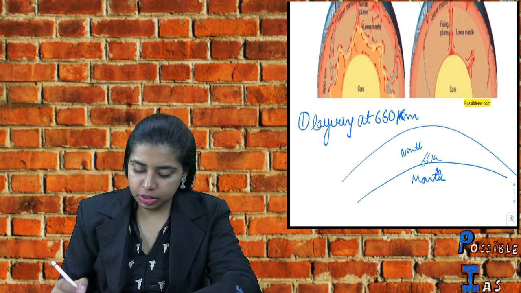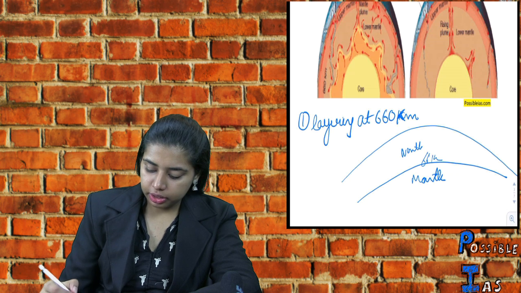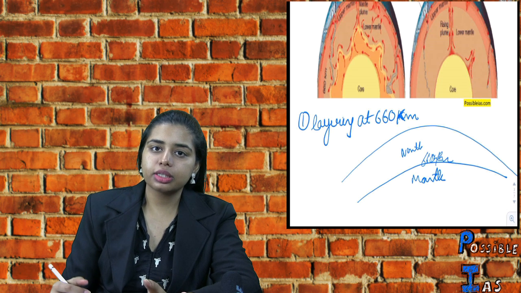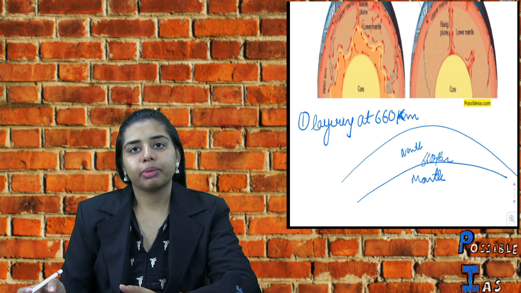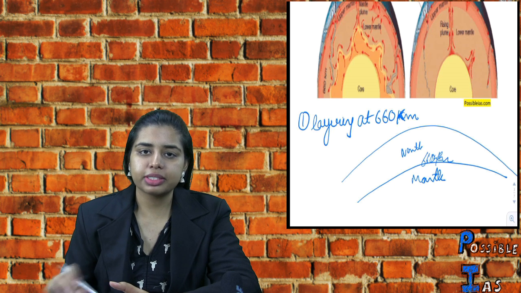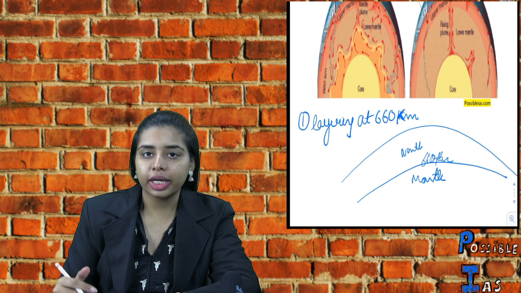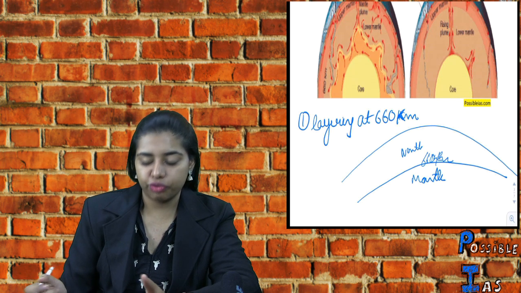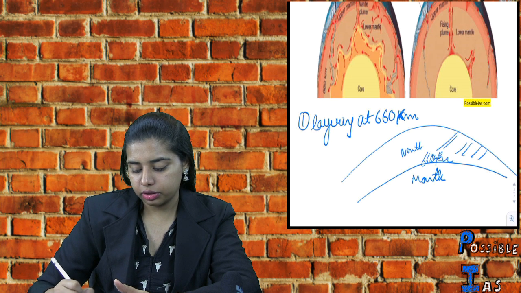According to this, at the boundary of 660 kilometers, there is a difference in the chemical composition of the magma, and this magma does not mix with each other. There is an immiscibility layer at 660. So when there is mid-oceanic ridge type volcanism, when the sea floor opens and you have sea floor spreading, magma comes out from the upper region.